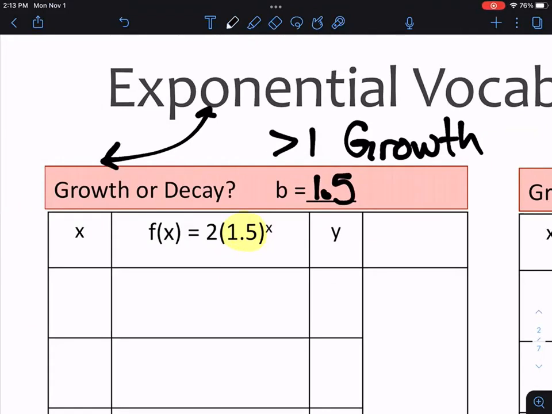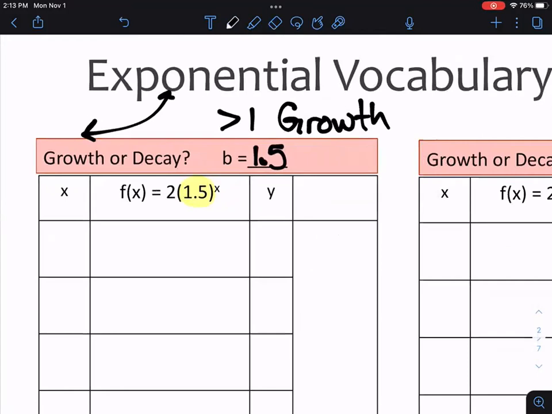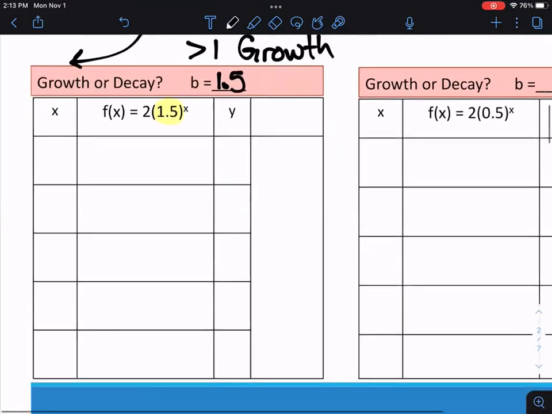In order to get to the point of graphing these, we're going to plug in x values and just make a chart. The majority of the time, we just start at -2 and we work all the way up to +2.